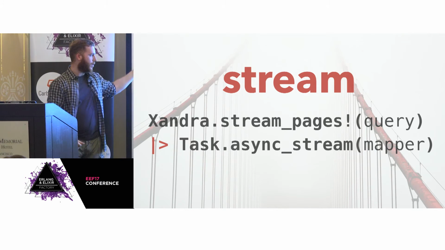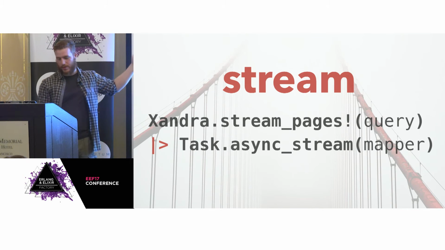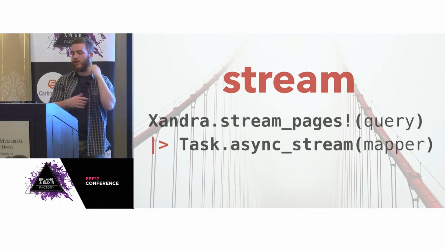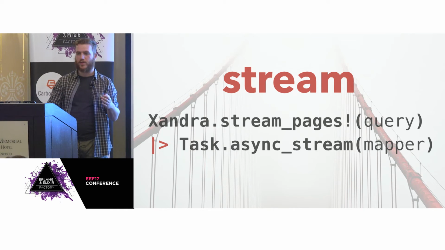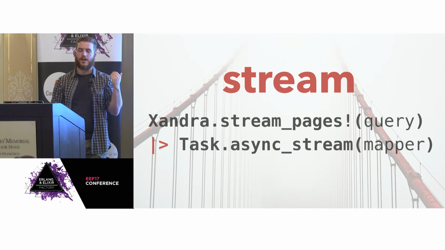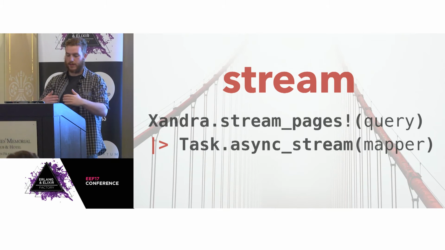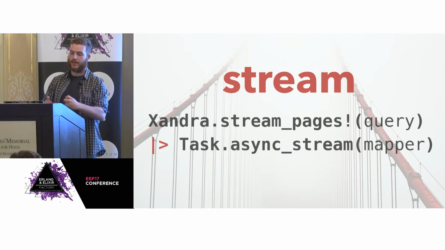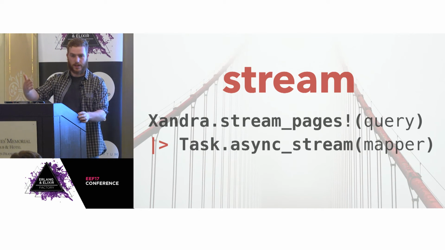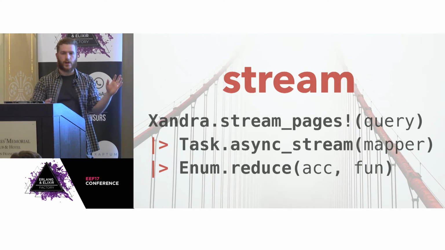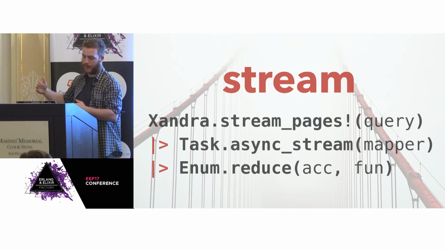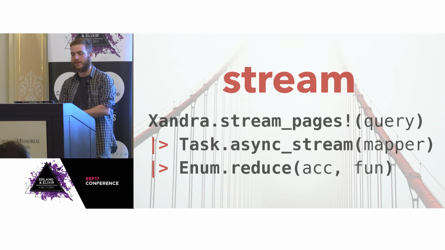Since we return a stream from Cassandra stream pages, we can use this function to map in parallel over pages of results that we get back from Cassandra, right? Each page is processed in parallel, and the result is returned in a further stream. Then we can use something like Enum.reduce to aggregate all the results of the mapping into a single final result.